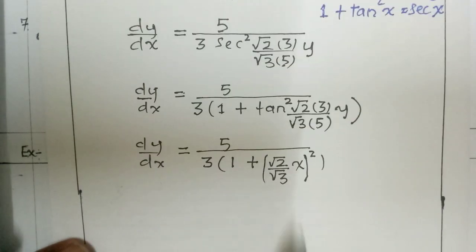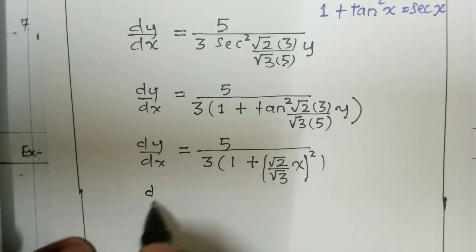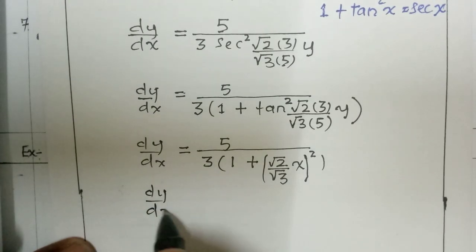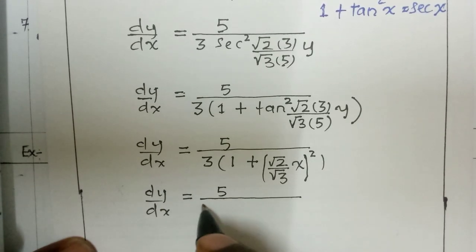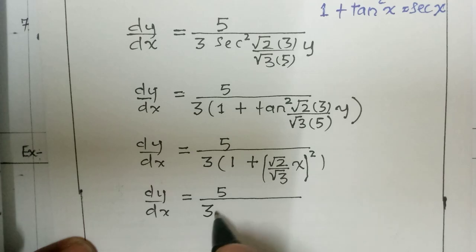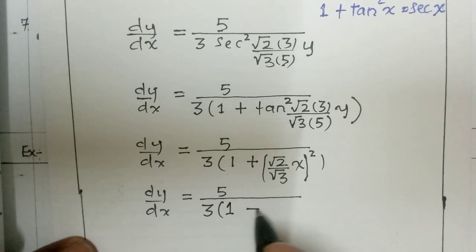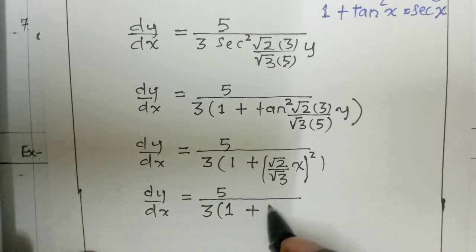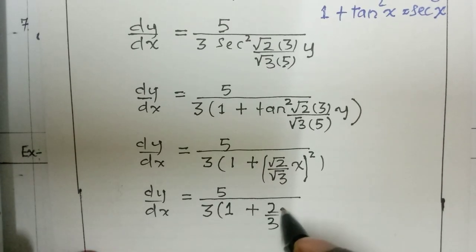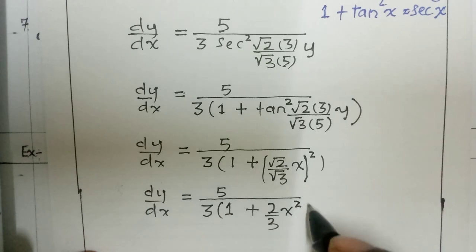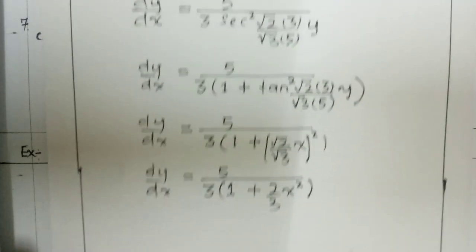So finally, guys, we have dy all over dx will be equal to 5 all over, we have 3 there, then we have 1 plus, now this one is going to be 2 over 3 x squared, like that. That's what we are going to get.